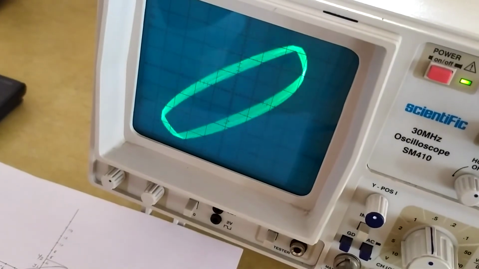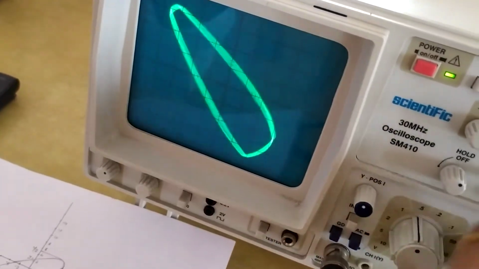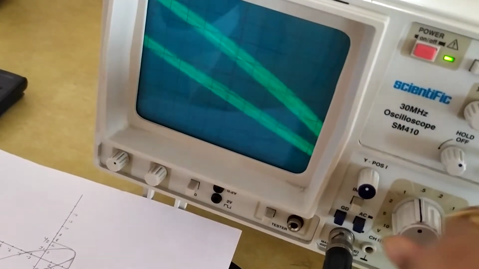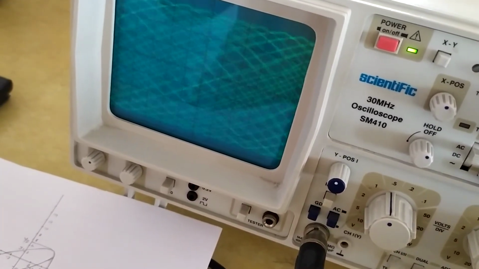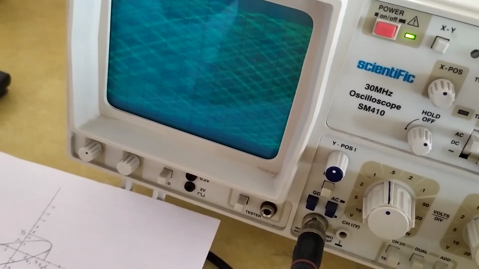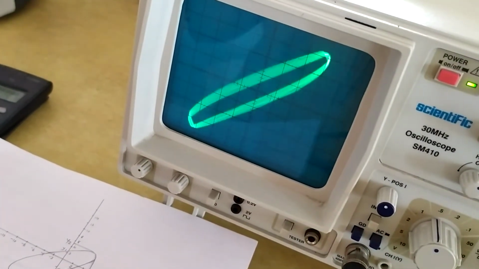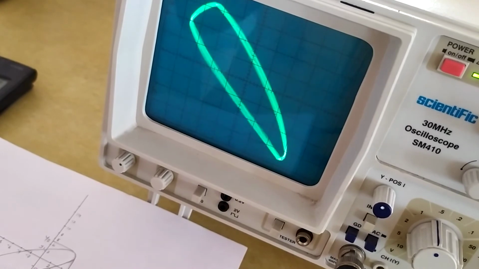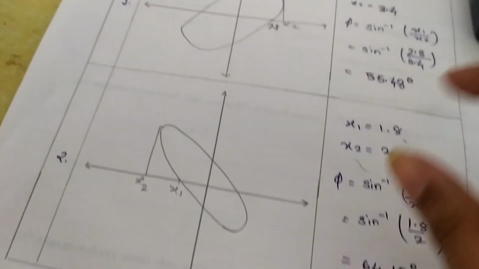Let's calculate another phase difference for second quadrant. It takes much time to stabilize this. Let's consider the second observation table like this.